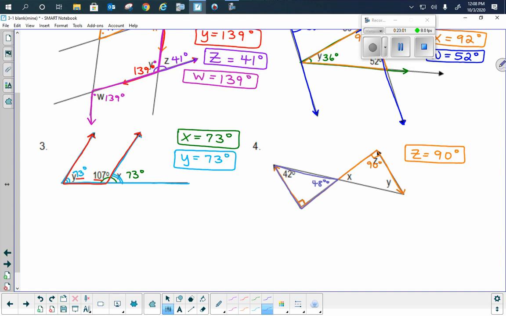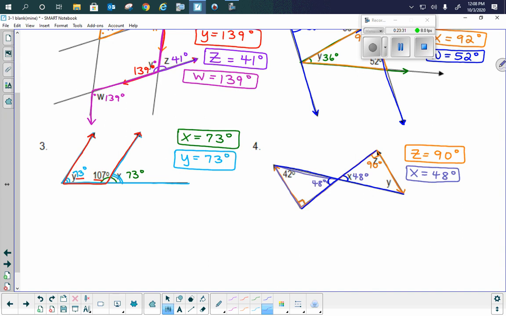And since these are vertical angles, and vertical angles are always equal, here's the big X telling you that those 2 angles are equal. Therefore X is also 48 degrees. So mark that for yourself.